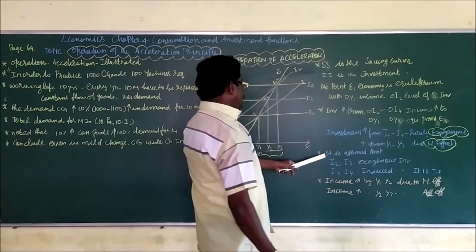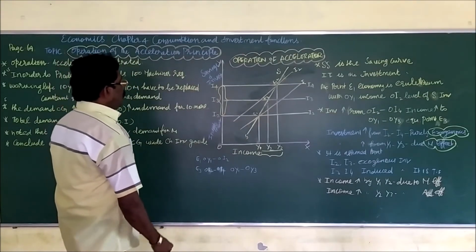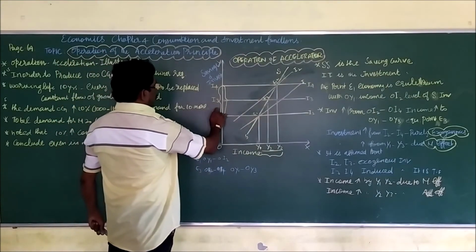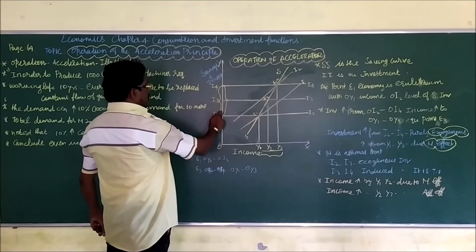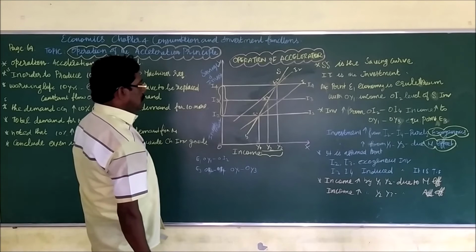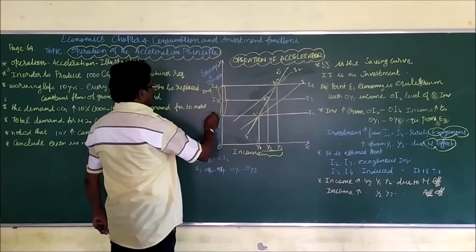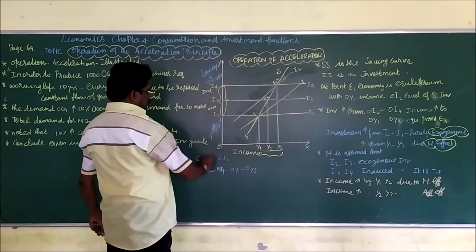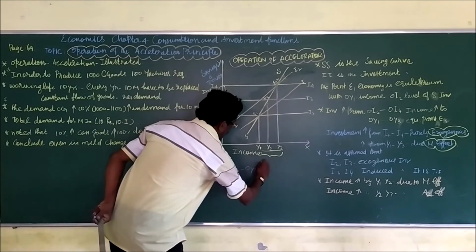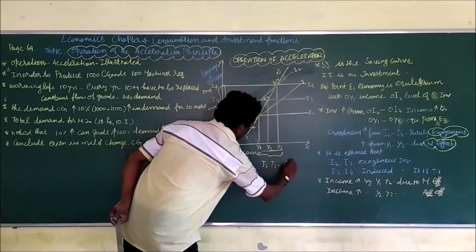It is assumed that I2 to I3 is known as exogenous investment, and I3 to I4 is the induced investment. This is induced investment and this is exogenous investment.